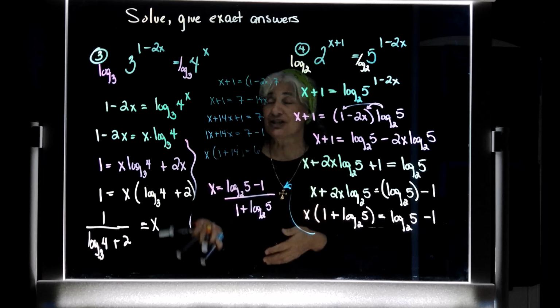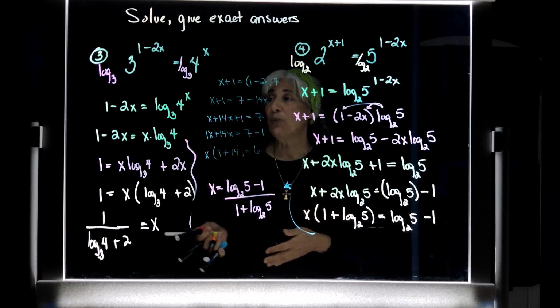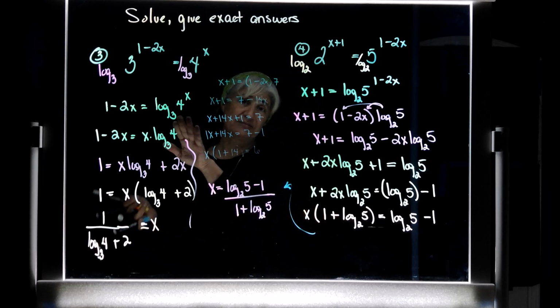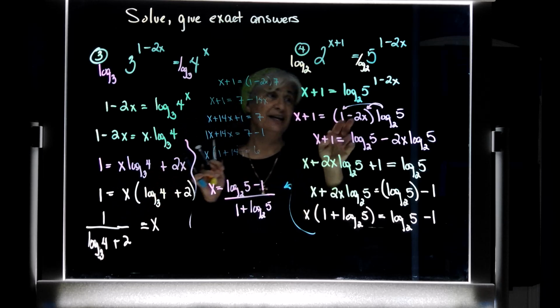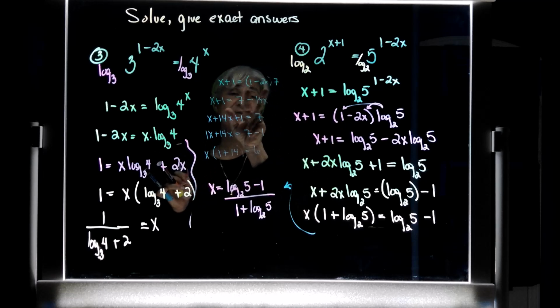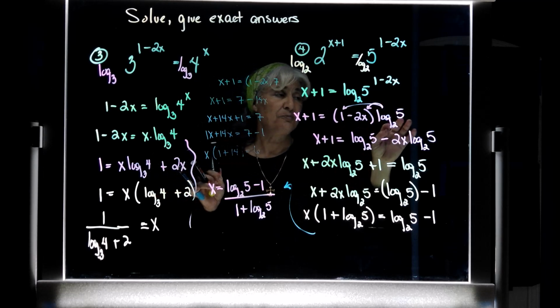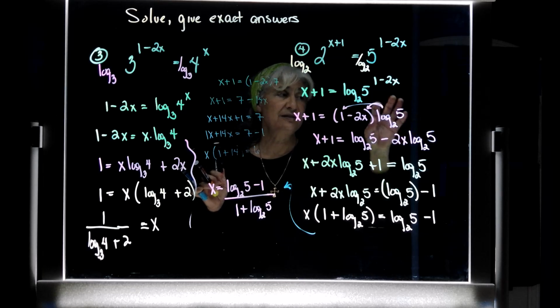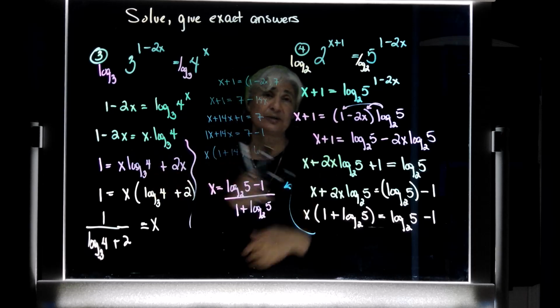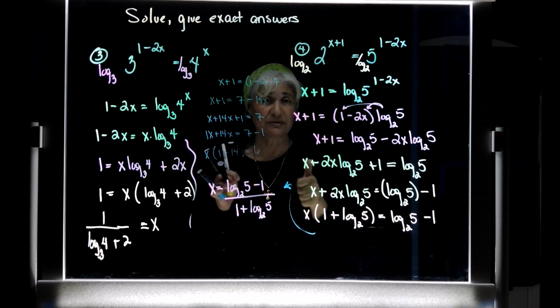And again, just like I did before, when I have something that looks a little bit wonky, it's like, well, what the heck do I do here? Get this log base 2 of 5, since it's all numbers, that's just a number, and substitute a different number in place for it. Cool?